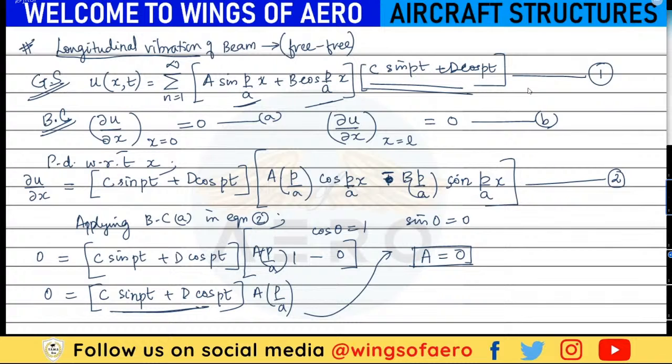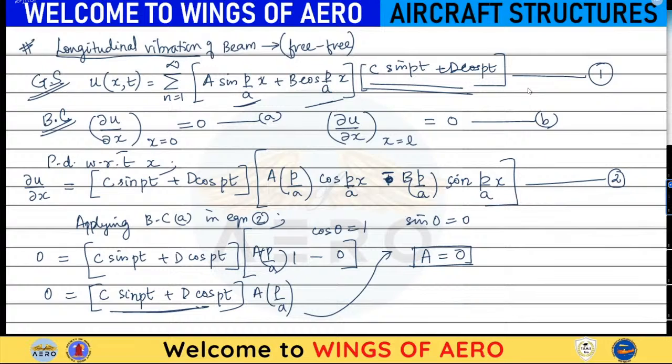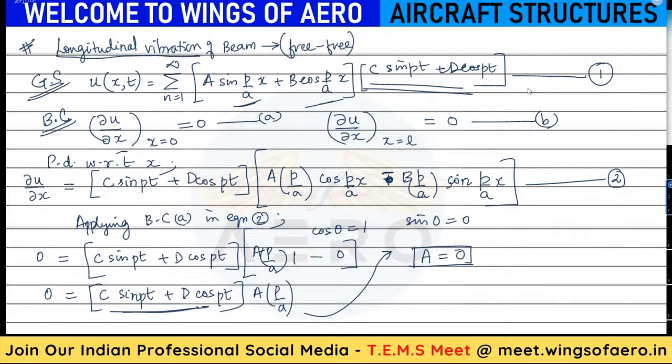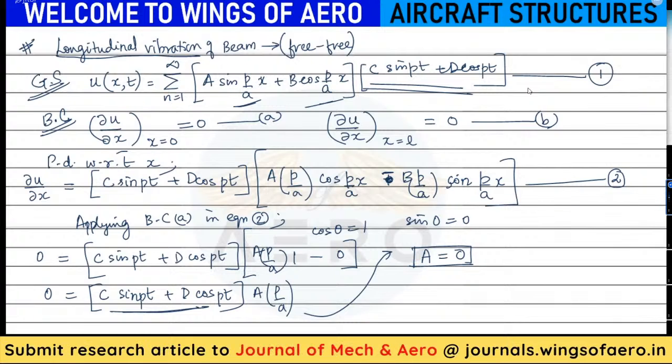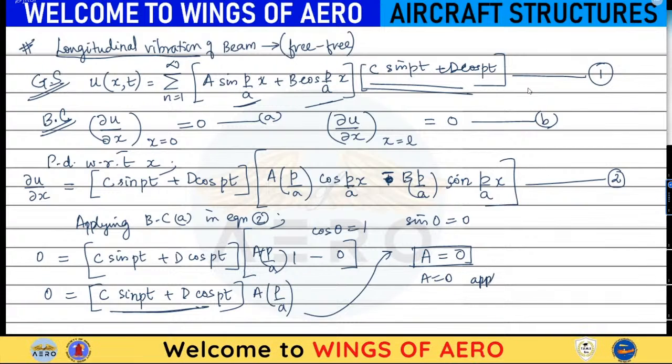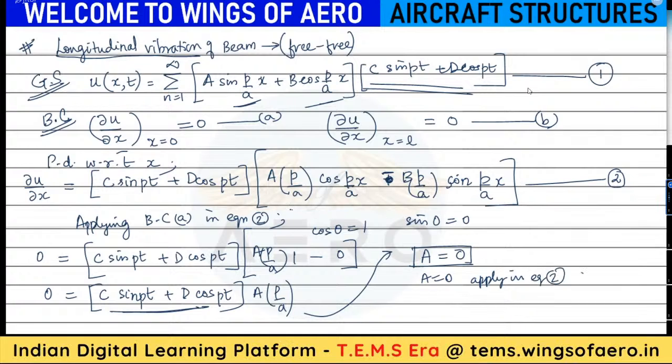Okay. Now I'm going to move to the second condition. Now I will apply the second boundary condition in equation 2. Now a becomes 0, so first I apply a equal to 0 in equation 2, and this entire term becomes 0.